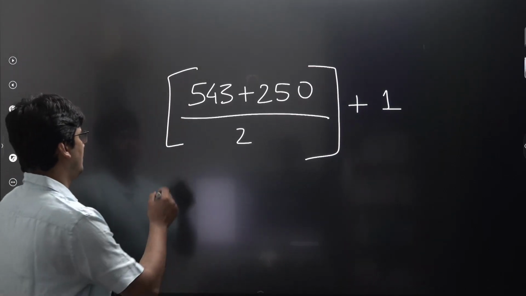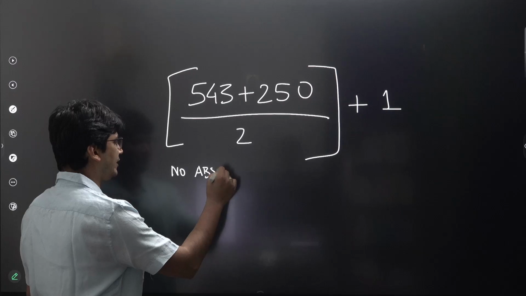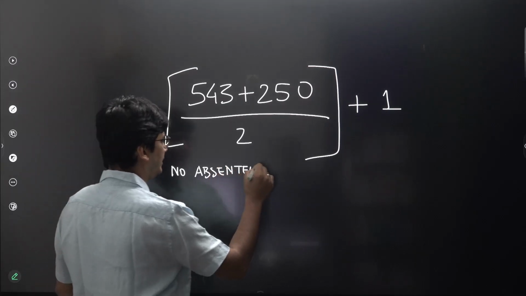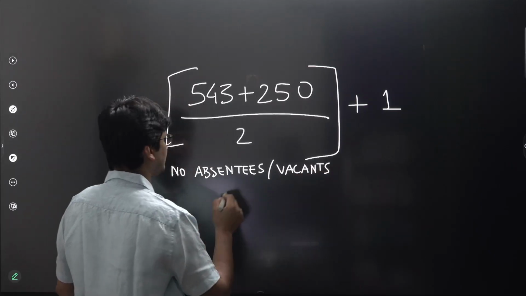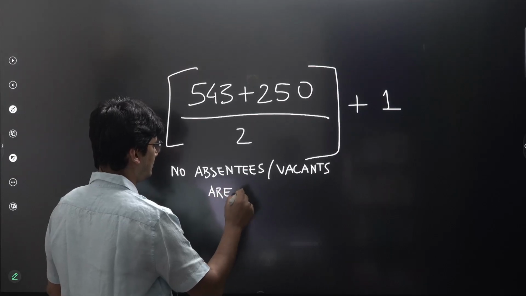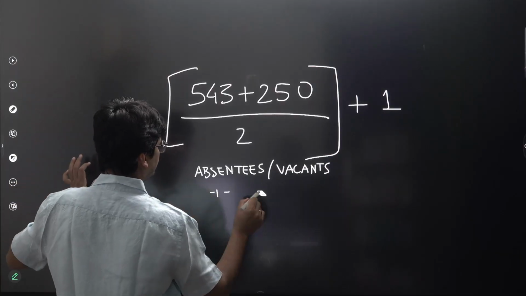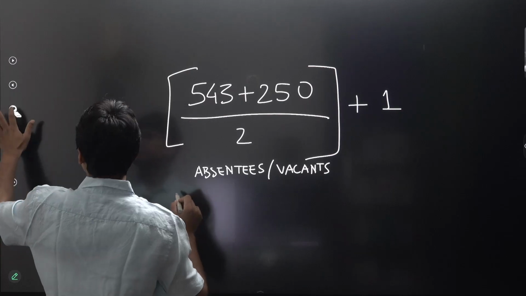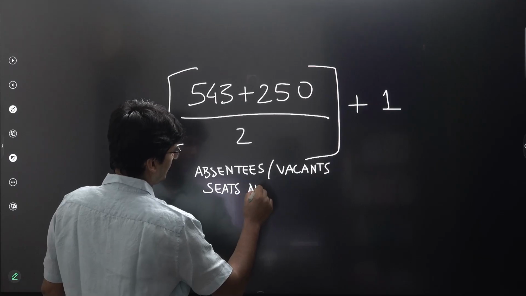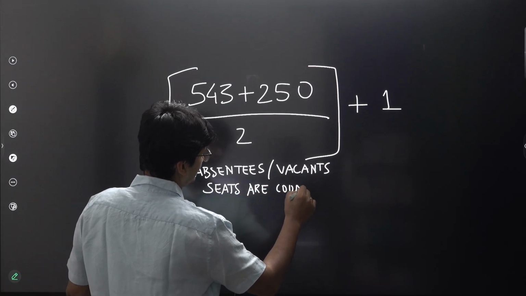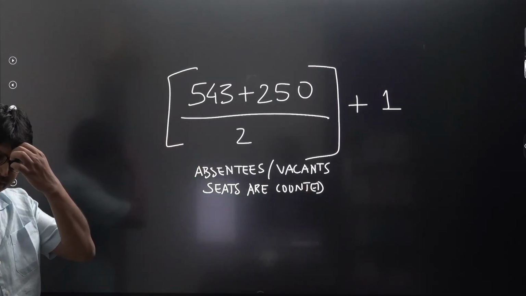So no absentees recorded, no absentees or vacant seats, none of them are counted. ठीक है, क्लियर है? डिफरेंट टाइप्स ऑफ मेजॉरिटी.